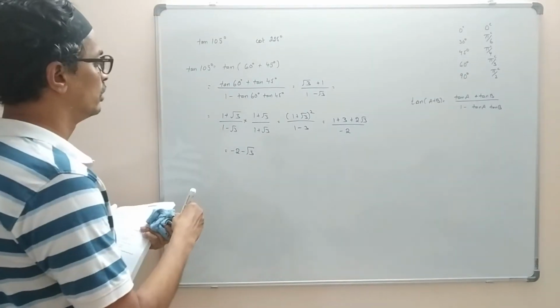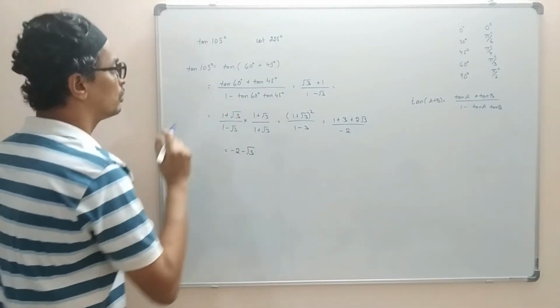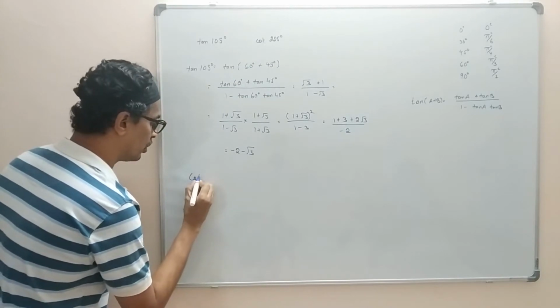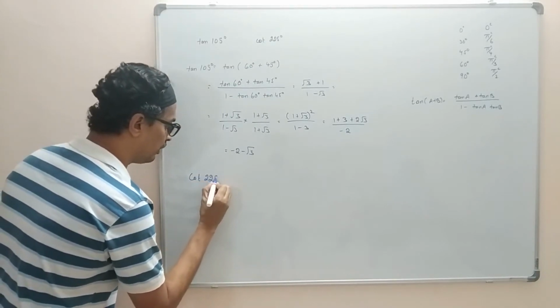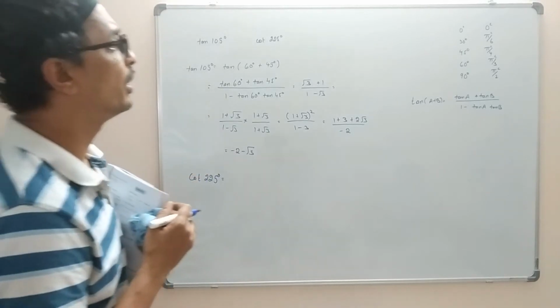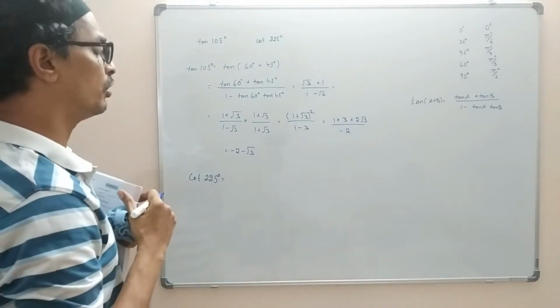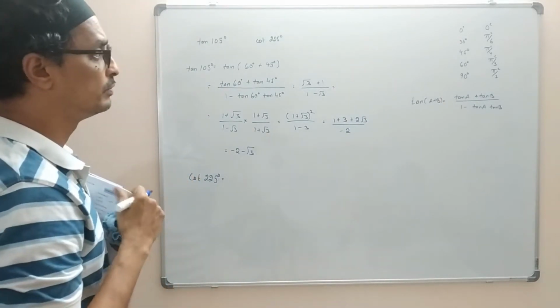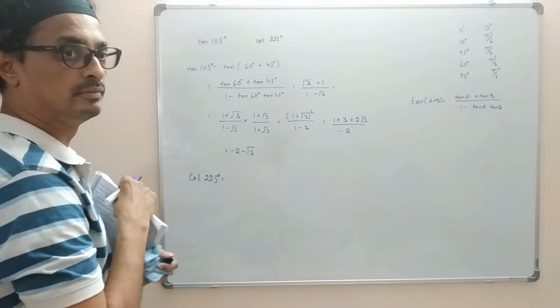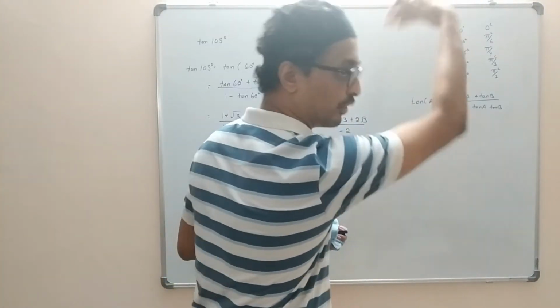Okay? So now let us do cot 225 degree. Again, 225 degree can be written as a combination of angles. Can you tell me what should be the combination for 225 degree? 180 plus 45, correct. Because we can take 90, we can take 180 also, right?